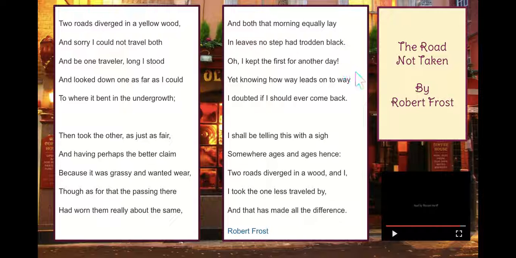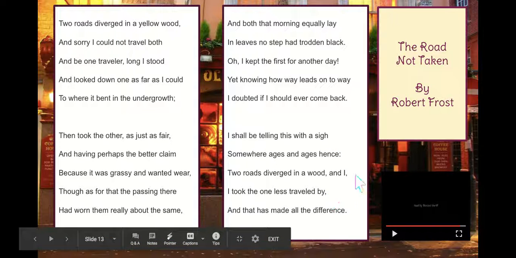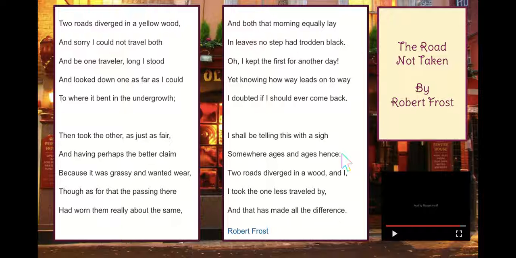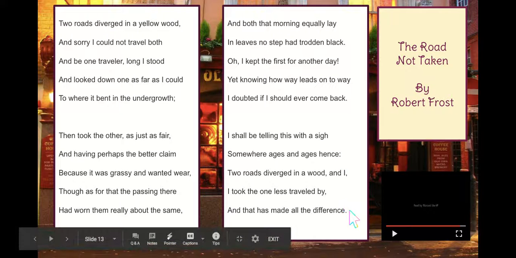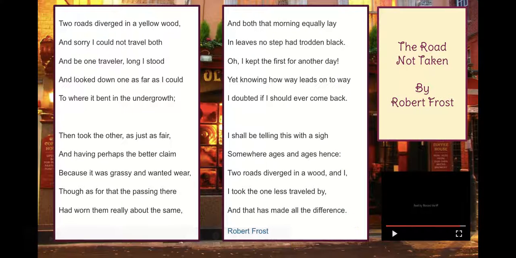A, B, A, B. And then in the last stanza, sigh, I, and by, and then hence and difference. So we have a pattern of A, B, A, B. So you can see that Robert Frost kept the rhyme scheme through the entire poem. In every stanza, it's the same rhyme scheme.